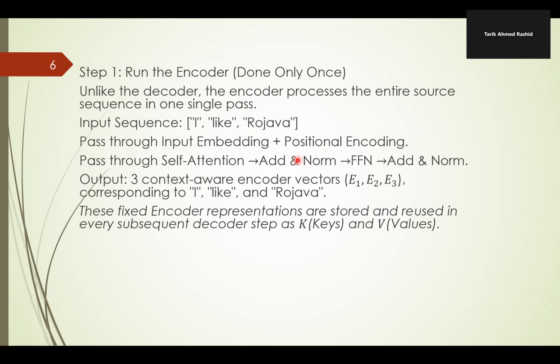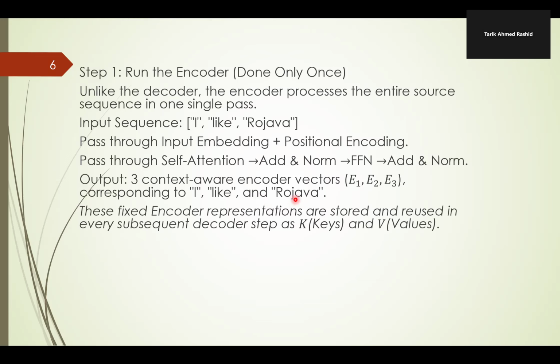Then it goes through input embedding and positional embedding. Then it passes through self-attention. We explained each and every single process of the encoder in previous videos. Then we get add residual, or normalize, and feed forward, and then add and normalize, and then we get the contextual representation of the encoder input in vectors E1, E2, E3, corresponding to "I like Rojava".